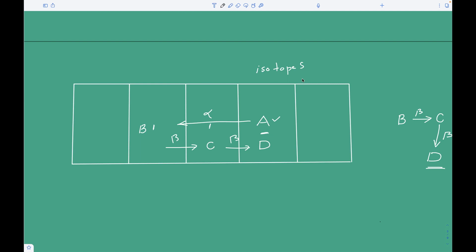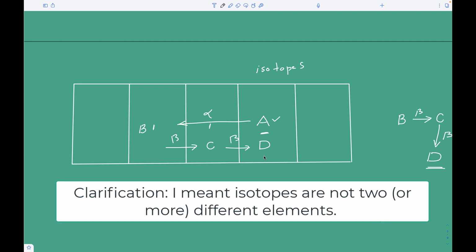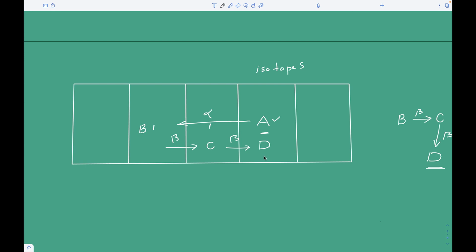So isotopes are atoms of the same element with different masses. They are not two different elements. So for the first time, Soddy understood that atoms of an element need not be identical. They may not have the same mass and size.